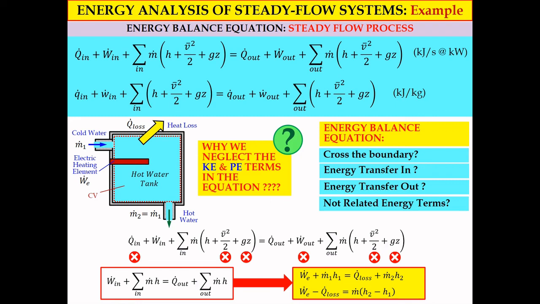Okay, I want you to try to give me the answer during the class. Think a little bit and try to get the answer. Why do we neglect the kinetic energy and potential energy terms in our energy analysis for the open system?